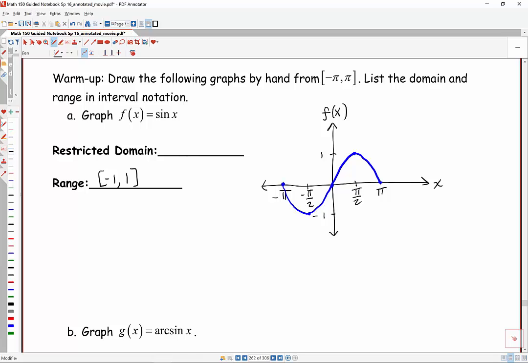So if you look at this portion of the graph, going from negative pi over 2 to pi over 2, do you see that we cover all possible range values, and this is 1 to 1. So we're going to restrict our domain to that interval in red, okay? So our restricted domain is going to go from negative pi over 2 to pi over 2 inclusive. Okay, good so far?